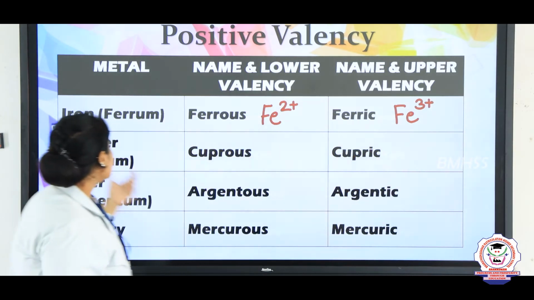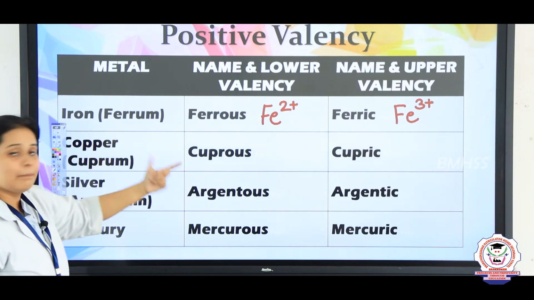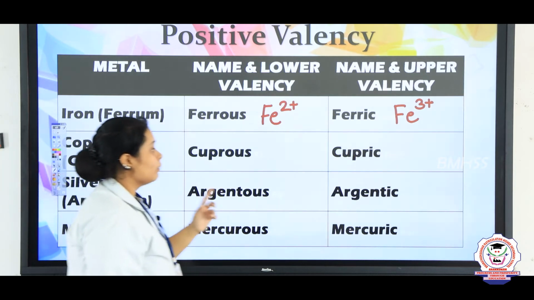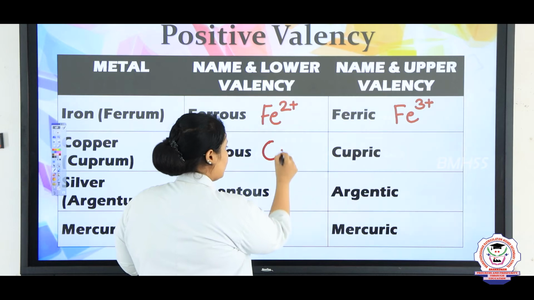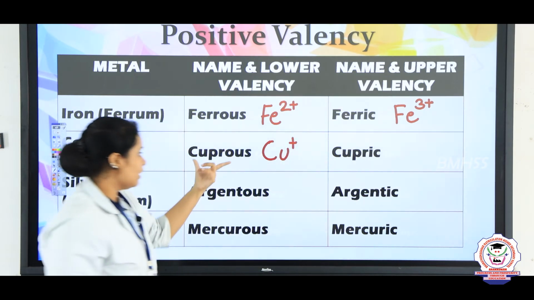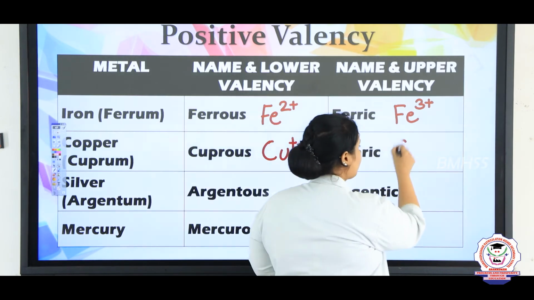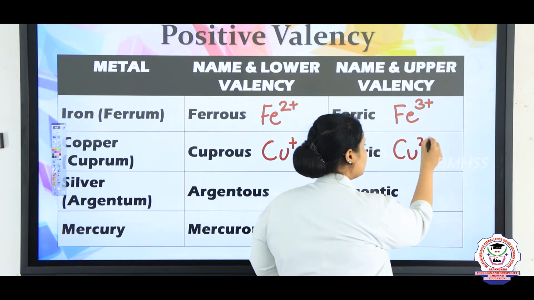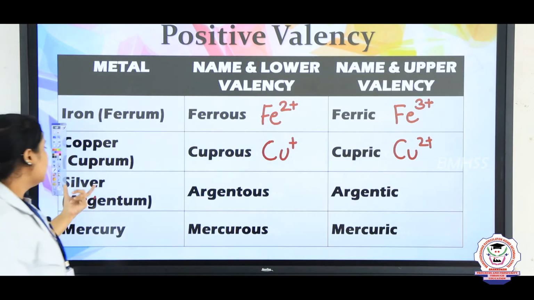Okay. Let us come to copper. Copper is also known as cuprum. In cuprum, if you remove 1 electron, it will become Cu plus and the name will be cuprous. Same way, if you remove 2 electrons, it will be Cu2 plus and the name will be cupric. Okay. Then silver.